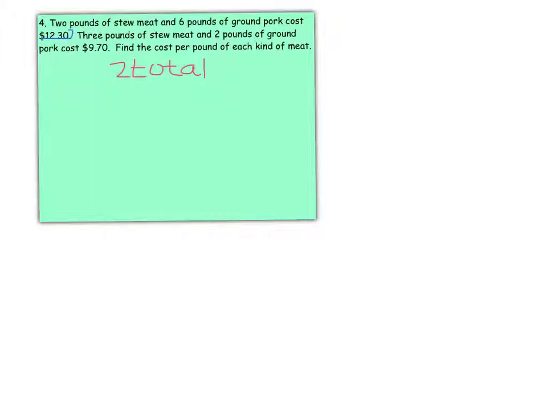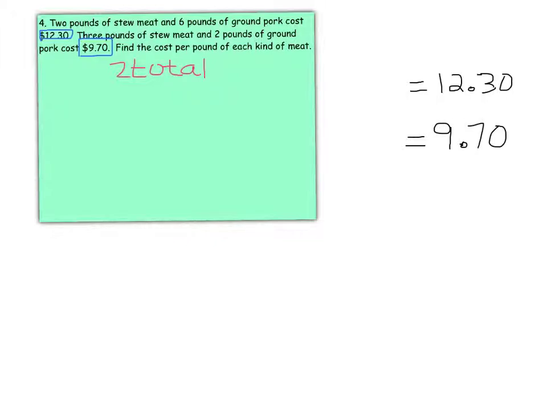Well, I see $12.30 and $9.70. So we're going to set up our two equations, and since we know the totals, those are always after the equal sign. Oops, it's supposed to be 30. And the other one's $9.70.